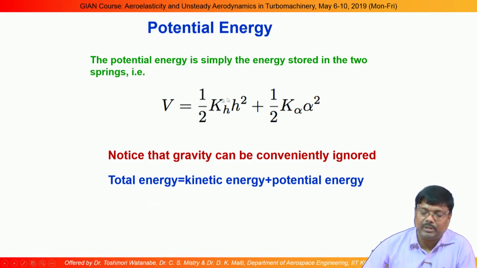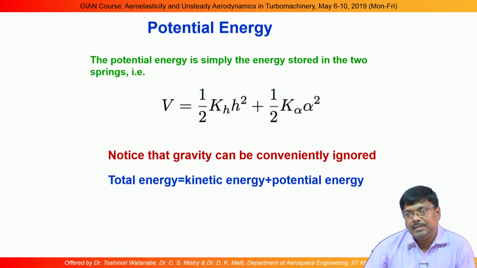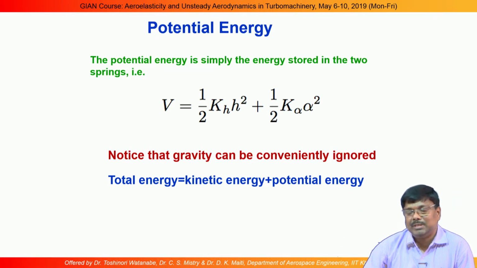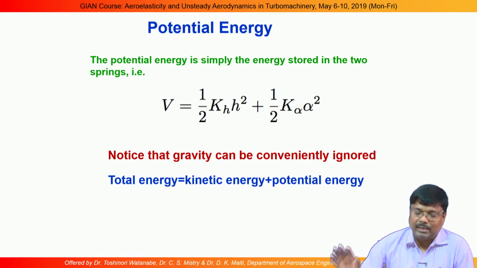Here also the same thing, kh into h, that is the bending force, into h, that finally is coming as kh multiplied by h square, the bending displacement square, that is the potential energy. Similarly, potential energy due to the torsional motion is half k alpha into alpha square. Usually in the calculation we neglect the gravity load.